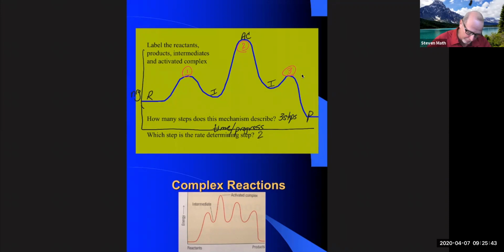That's going to be step 2. How come? The rate determining step is always going to be the one with the highest peak. Plain and simple. So the higher the peak, the activated complex gets formed. As soon as the activated complex is formed, this reaction is going to proceed as written to products. It's kind of like the halfway point of where it can go from reactants to products.